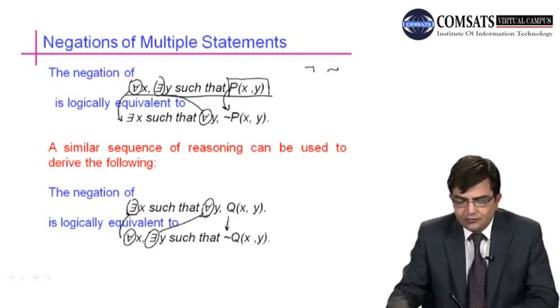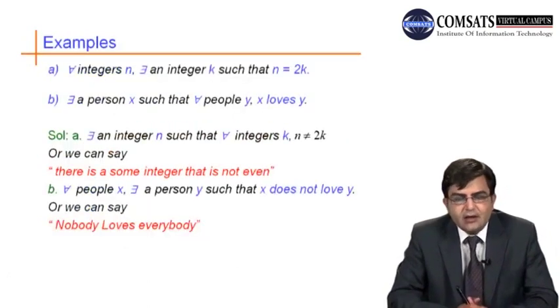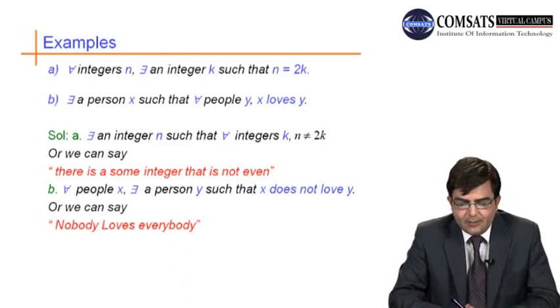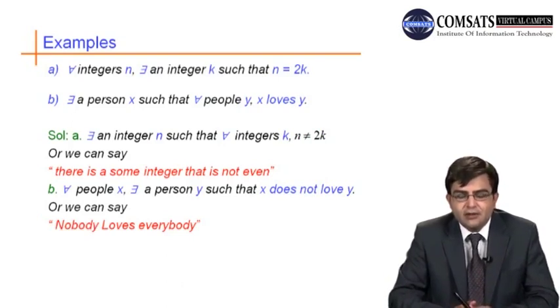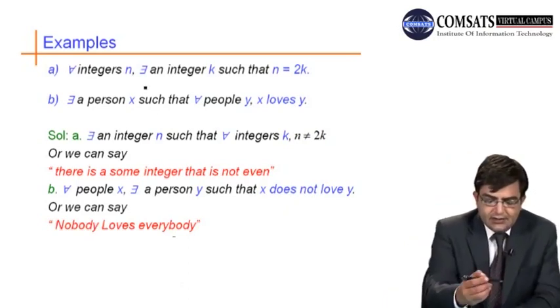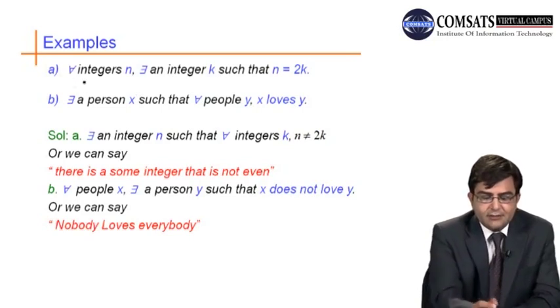As an example, we consider here in part A: for all integers n there is an integer k such that n is equal to 2k. In this example we translated in the earlier slides that every integer can be written as a multiple of 2. Here we must negate this statement.